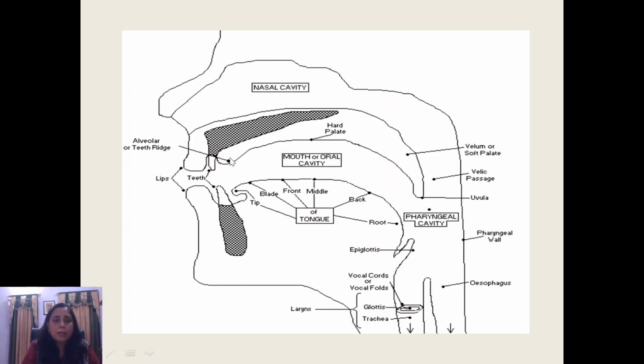As you move your tongue on the roof of your mouth, this area is called the hard palate. You move your tongue backwards and then you feel some soft area of the roof of your mouth, which is called the soft palate. And then you can see a small piece of flesh hanging from the roof of your mouth. This is called the uvula.